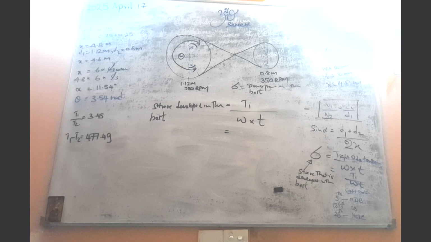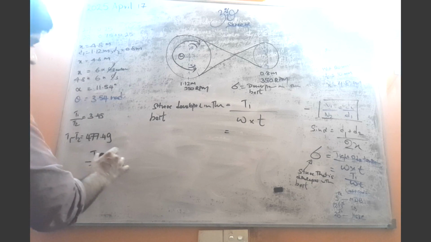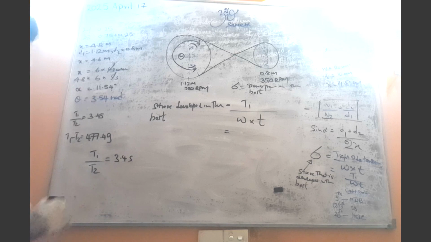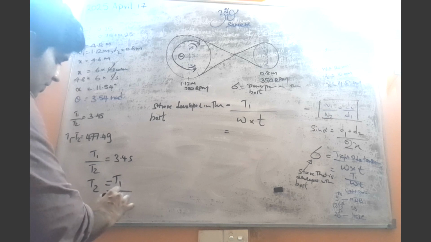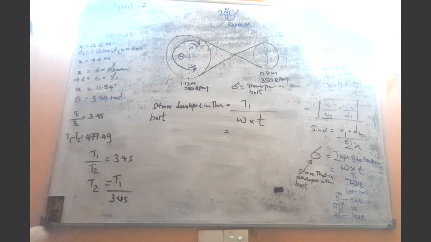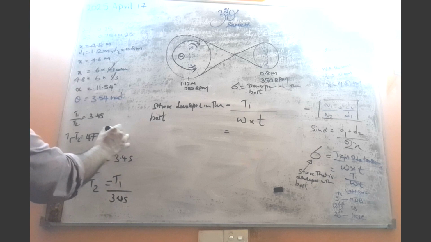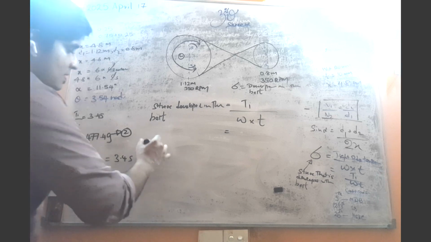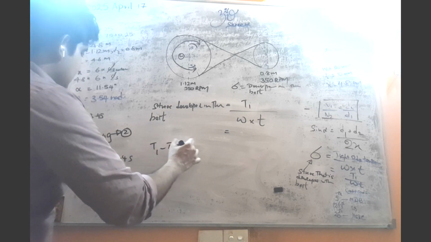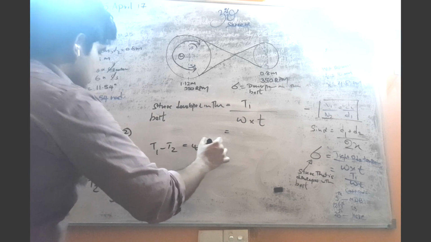From the earlier relationship we have one equation: T1 divided by T2 equals 3.45. From that we can subject T2: T2 equals T1 divided by 3.45. This relationship we can use in the second equation, T1 minus T2 equals 477.49.